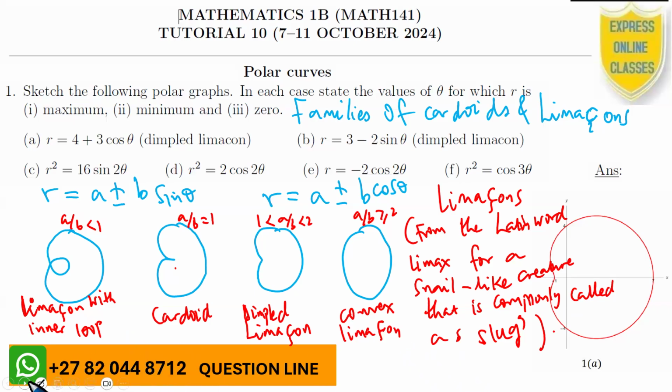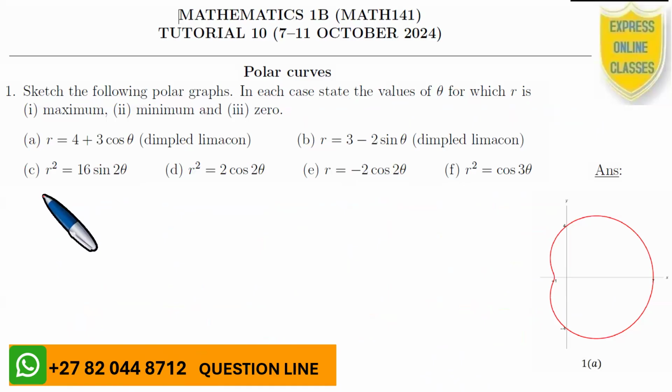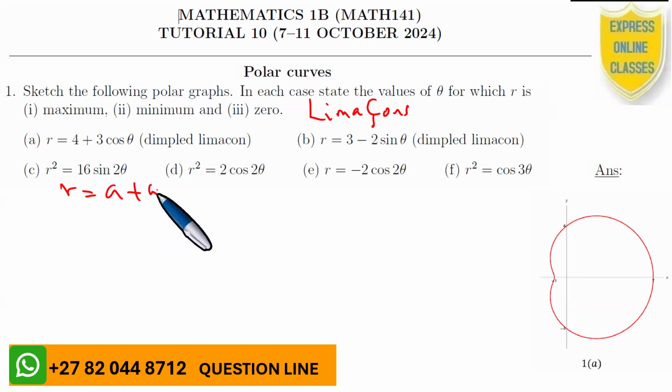I want us to speak about the limacons of r equals A plus cosine theta. We're going to draw many of them.